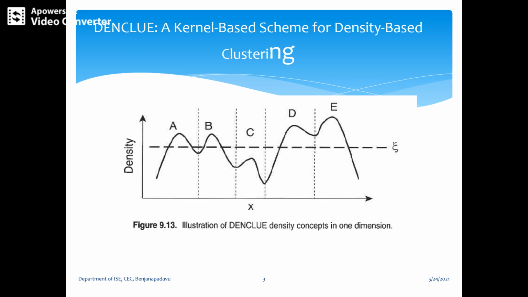Note that we can include points whose density is less than epsilon as long as they are associated with a local density attractor whose density is greater than epsilon. Finally, clusters that are connected by a path of points with a density above epsilon are combined. Clusters A and B would remain separate, while clusters D and E would be combined.